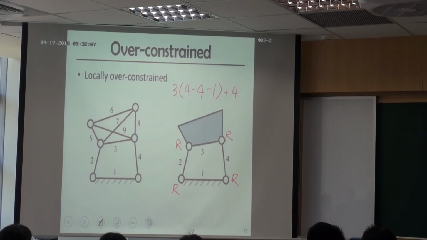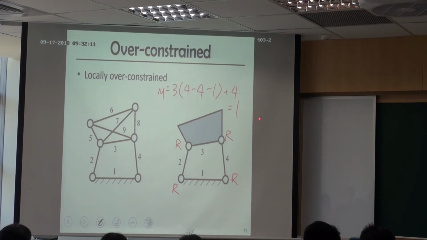So you will get the mobility of this one is 1. Once you move either link 2 or link 4, the other one will move correspondingly.